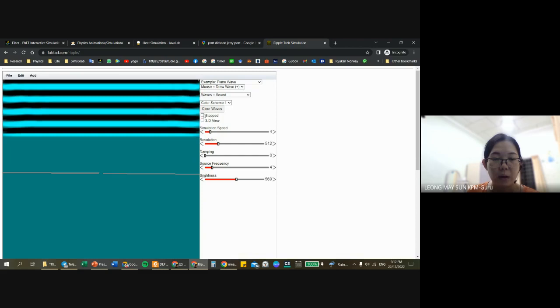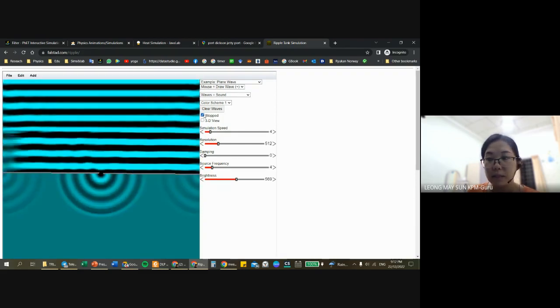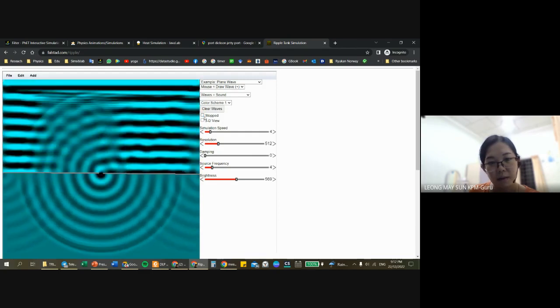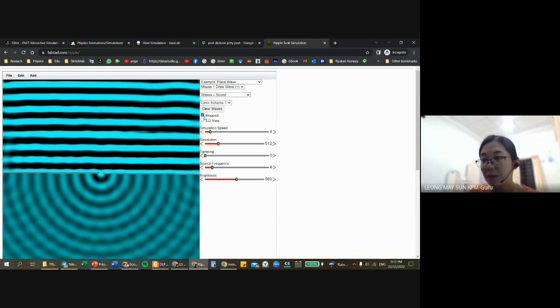When it comes in, look at the speed of the wave, mainly the main one over here. Don't look at the two sides. The wave speed is the same. The wavelength is also the same. So what changes? The direction changes.